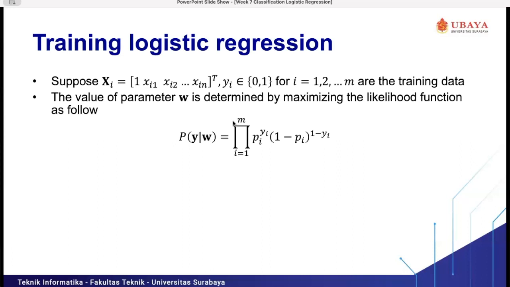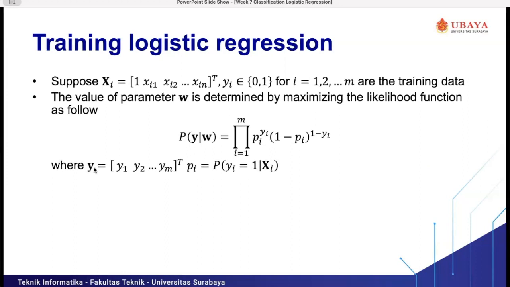The value of parameter W is determined by maximizing the likelihood function. If we have the maximum likelihood, it means we have good accuracy. So we will update the W values to get the maximized likelihood, and we use this formula for getting the maximized likelihood values.